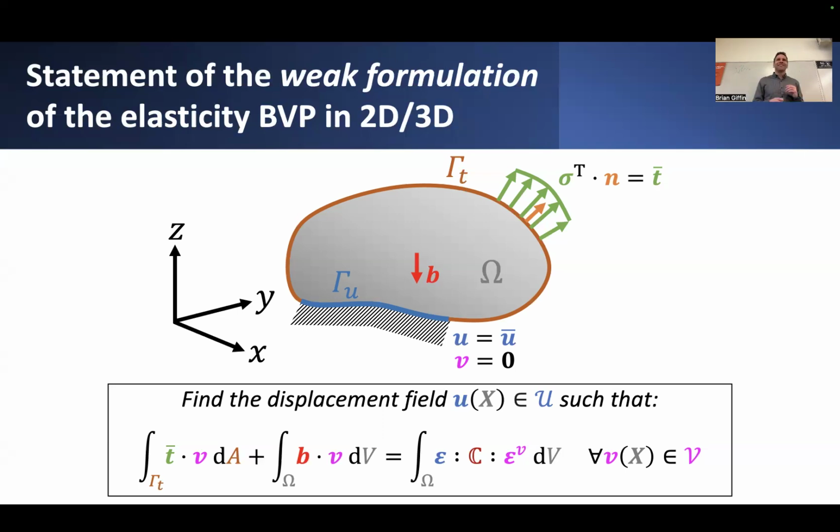We've gotten rid of the differentiability requirements on the stress, but we still have an infinite number of equations we have to solve, an infinite number of unknowns. We have to make the problem smaller. And the way that we do that is by introducing approximations or approximate solutions.